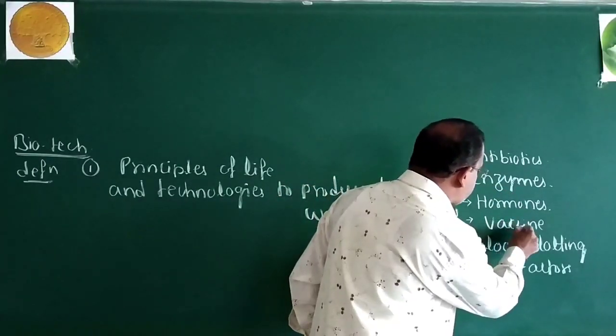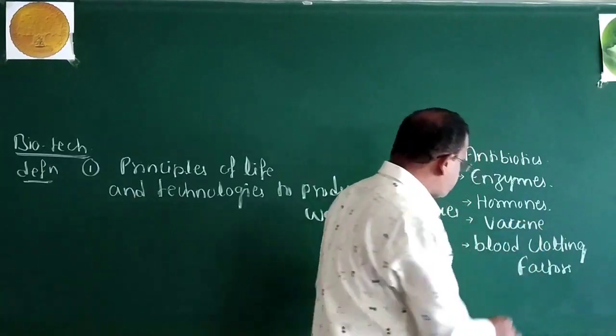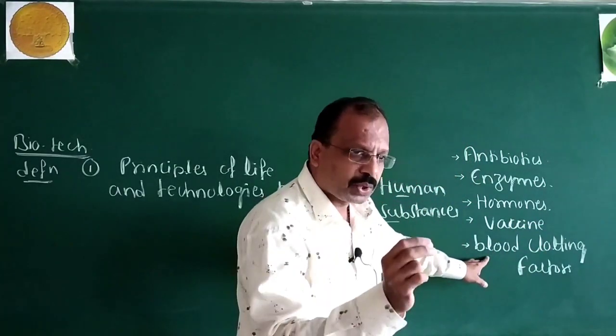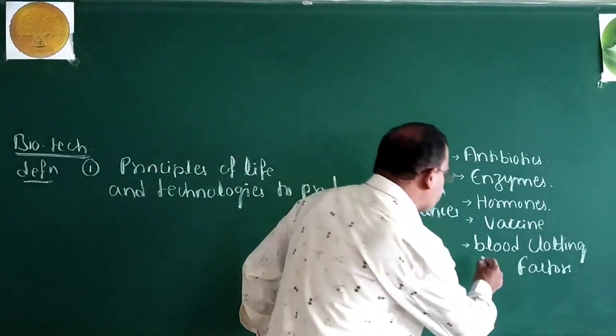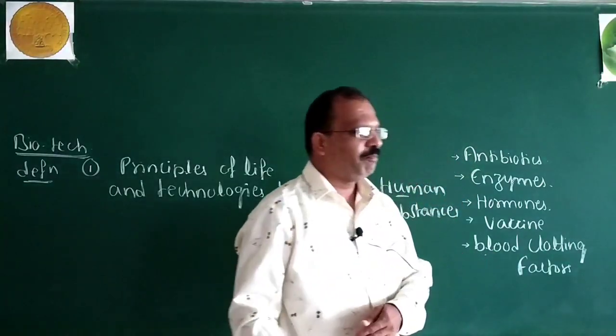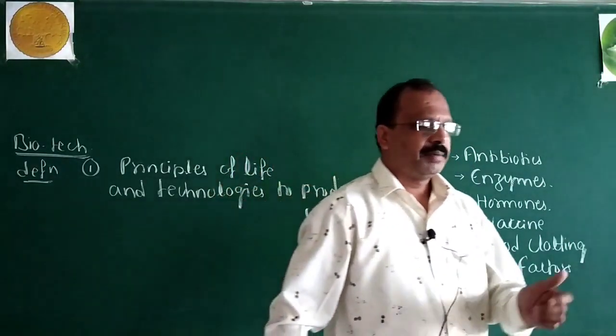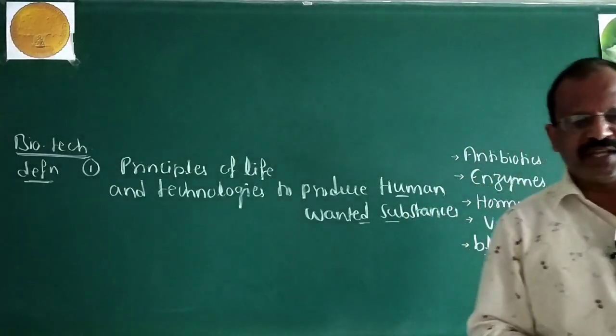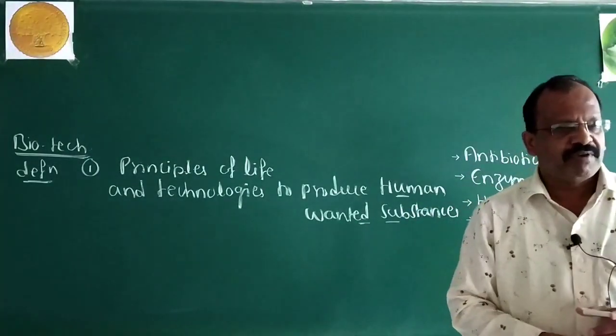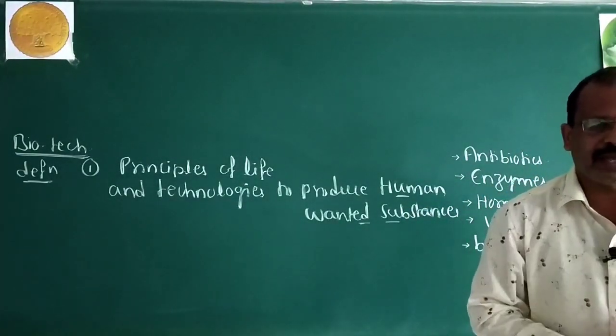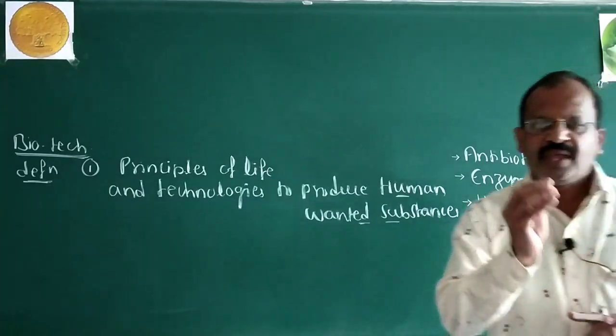DNA vaccines and blood clotting factor. I'll provide you a little idea related to blood clotting factor. Back to principles of inheritance and variation, where I come across hemophilia and color blindness.